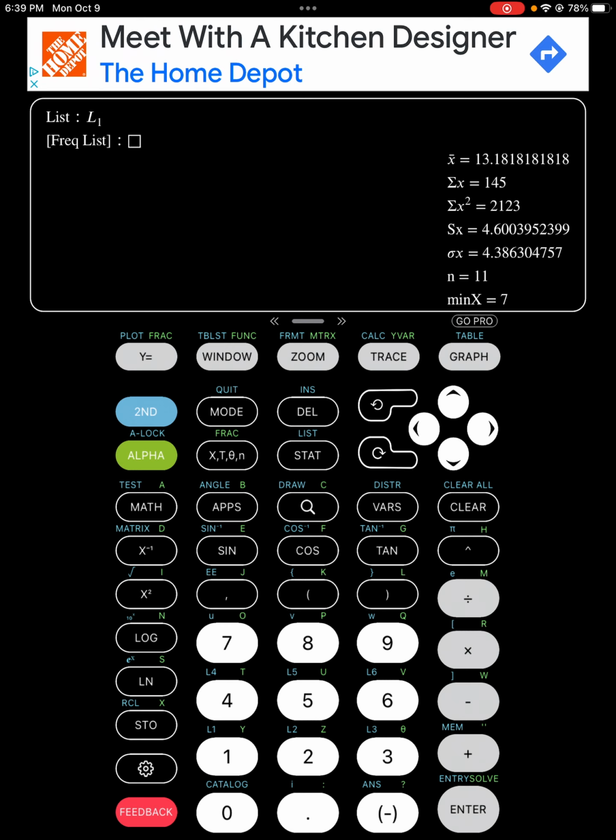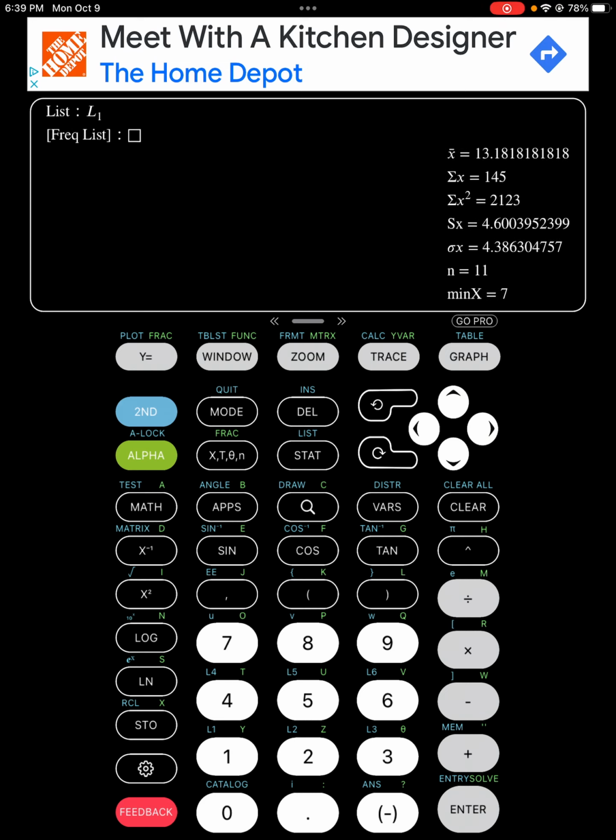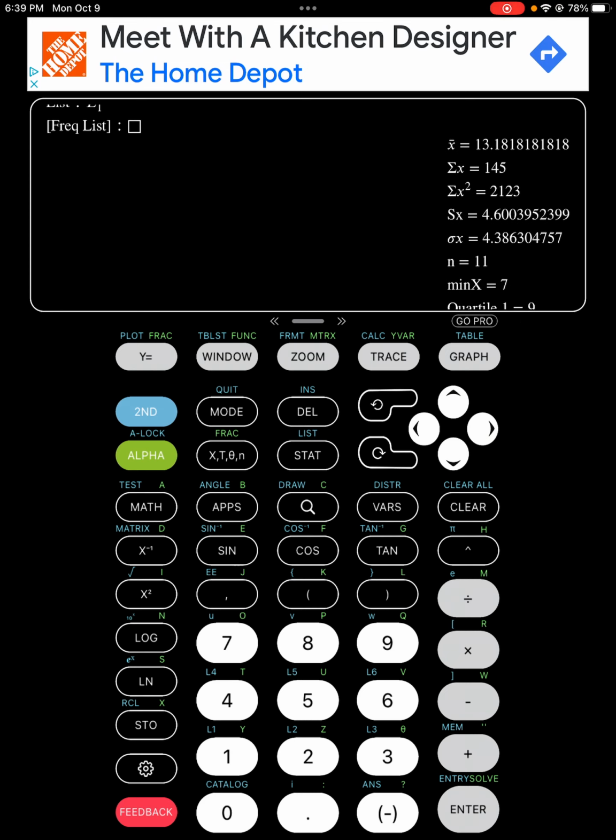And you can see where it says x bar, that is your mean of 13.18. Underneath it, the sigma x is going to be your standard deviation. This is the standard deviation for a population. Sx is the standard deviation for a sample. Now, this is the reverse of what I mentioned in the previous exam because I accidentally flipped them.